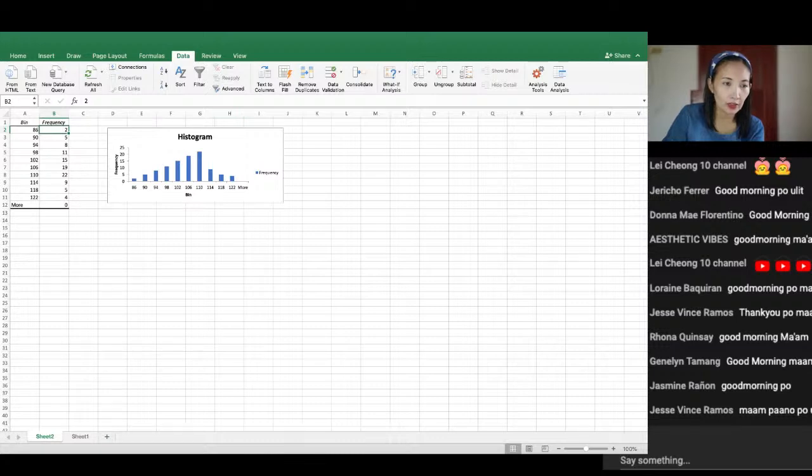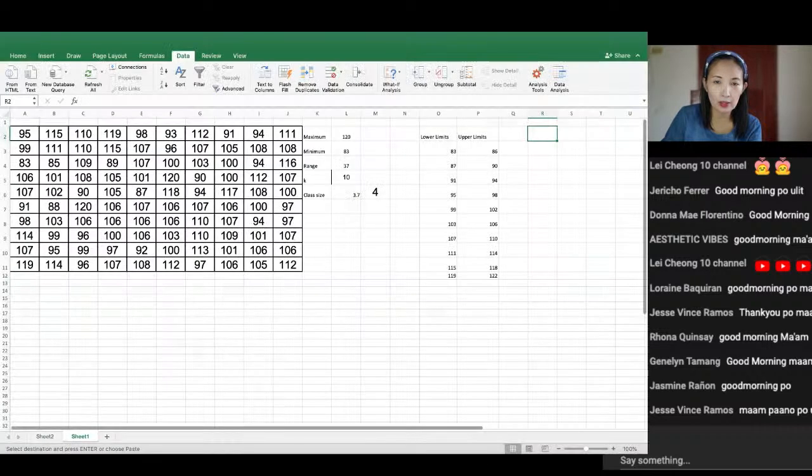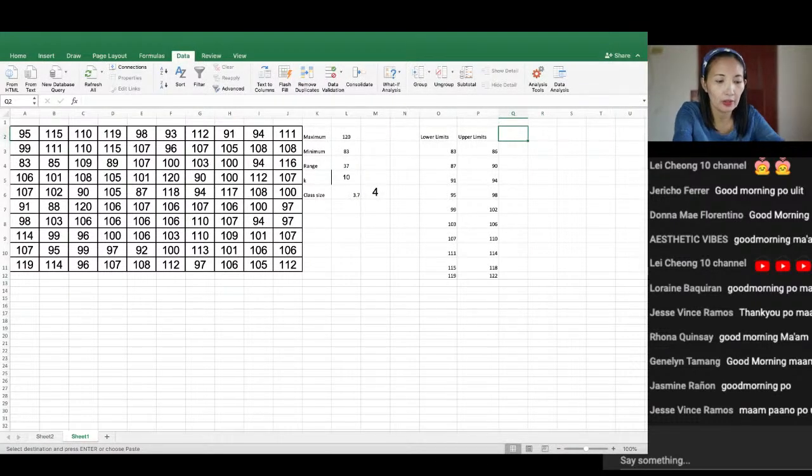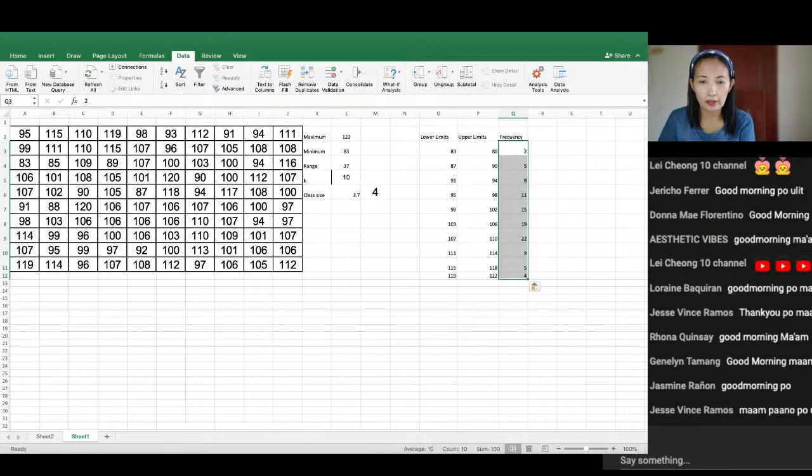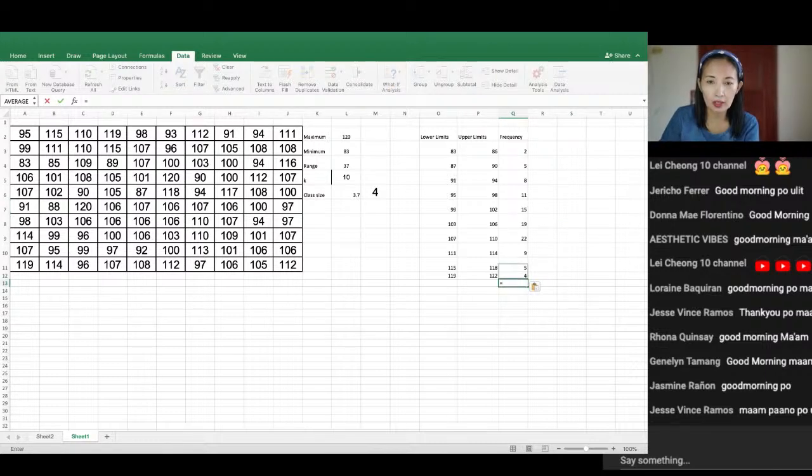But we only need the frequency, so let me just copy the frequencies. Control C. Then get back to sheet number 1, so I can add one more column for frequency. Control V.